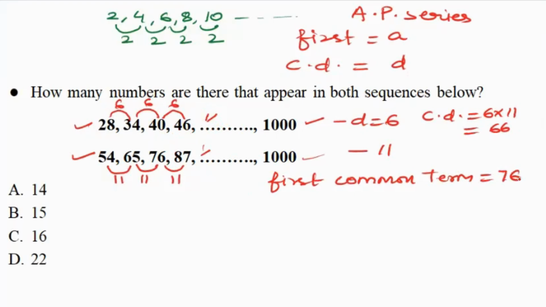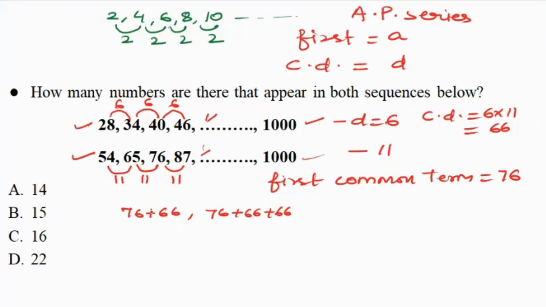If 76 is the first common term, the next term will be 76 plus 66. And after that, the next term will be 76 plus 66 plus 66. This is the pattern we need to follow.